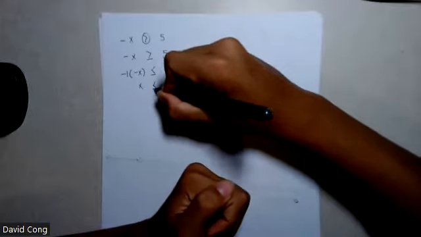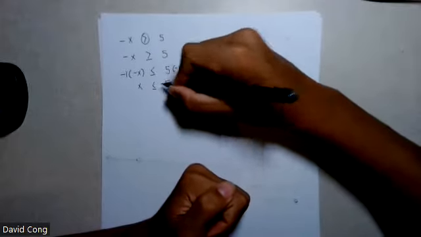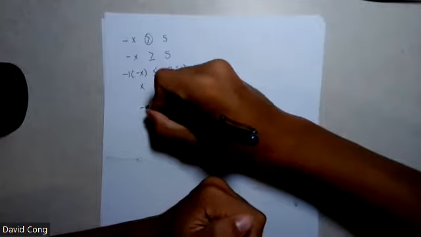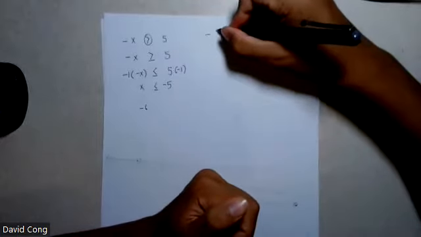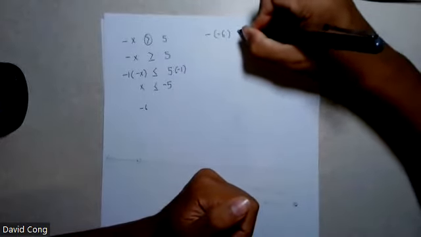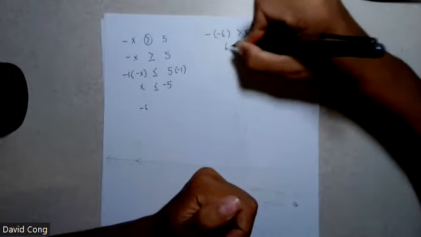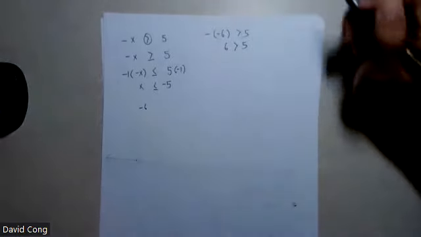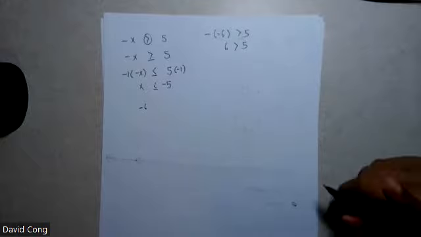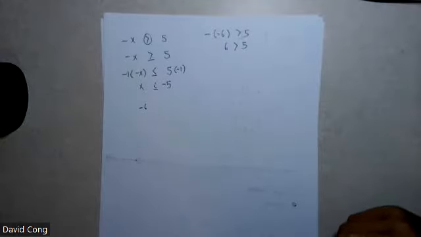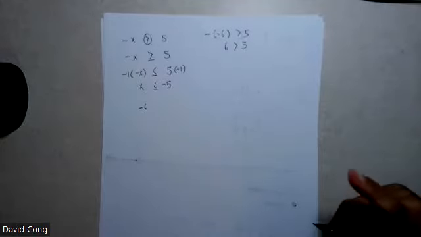Now you have x is less than or equal to -5. So if we try like -6, now we see that this is greater than 5 because 6 is larger than 5. So the one exception that makes inequalities different from those equations is when you multiply by a negative number, this sign flips.